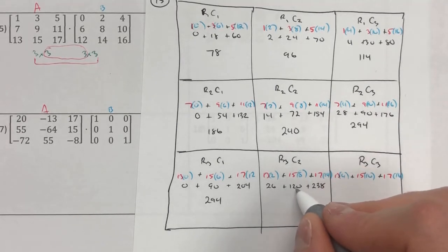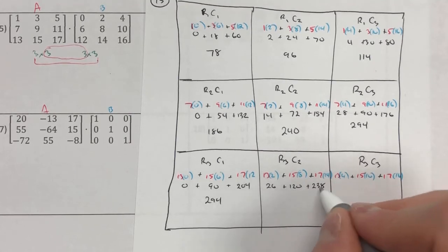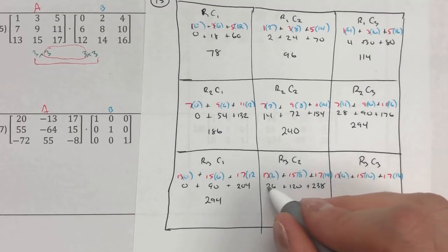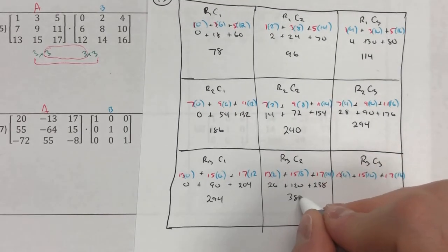It's going to be 146. Actually, we're going to add it this way. It's going to be 358, 378, 384.